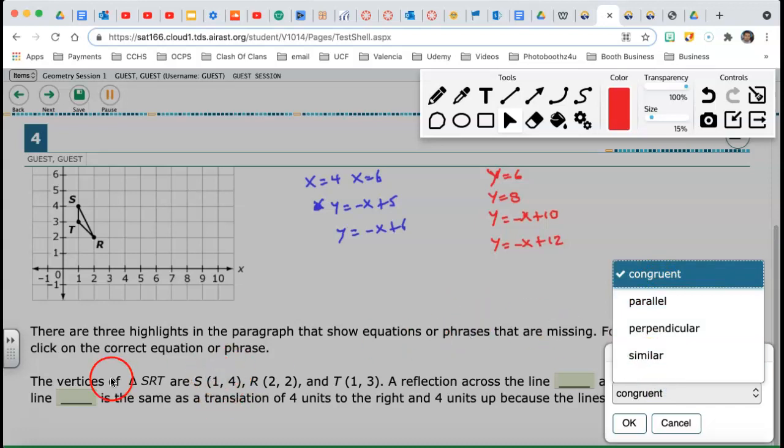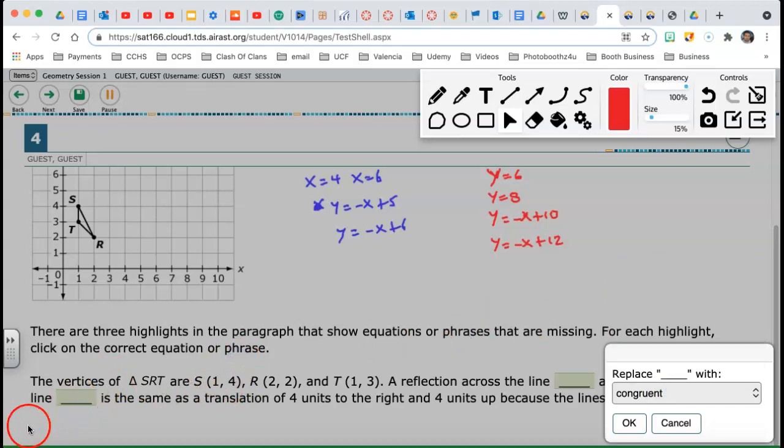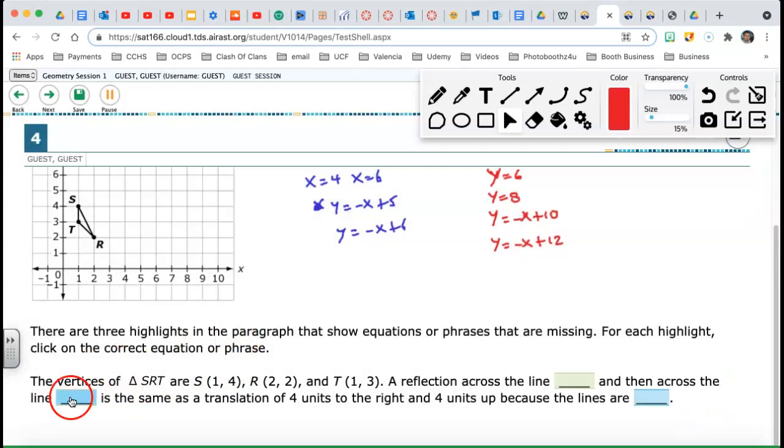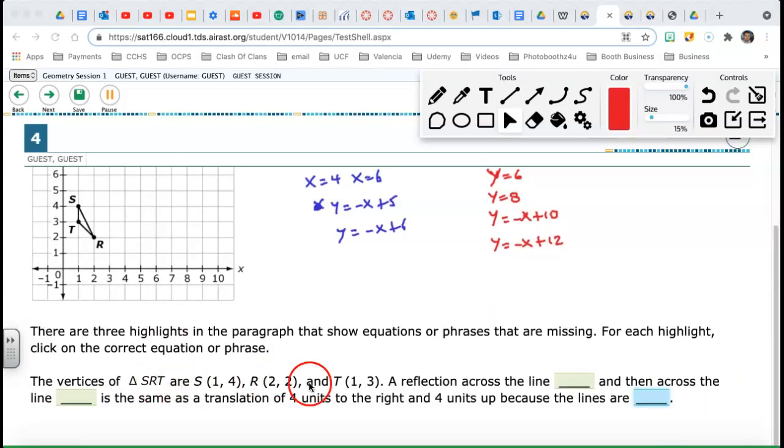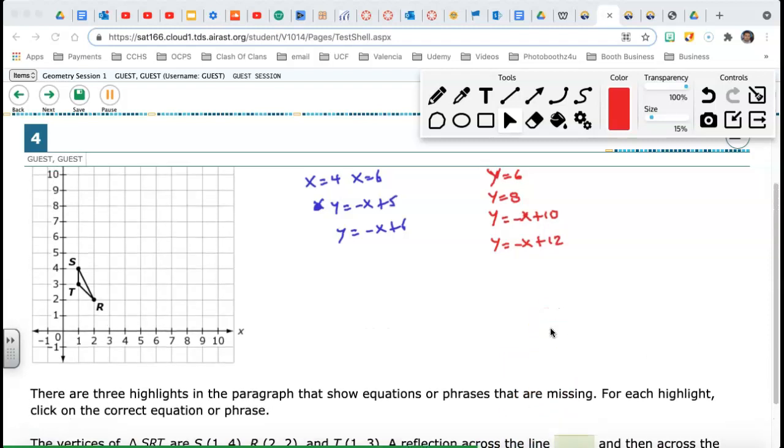That's the last question. Okay, so there are 2 reflections, a reflection across the line and then across the line, the same as the translation of 4 units to the right and 4 units up, because the 2 lines are, and we have to find that.